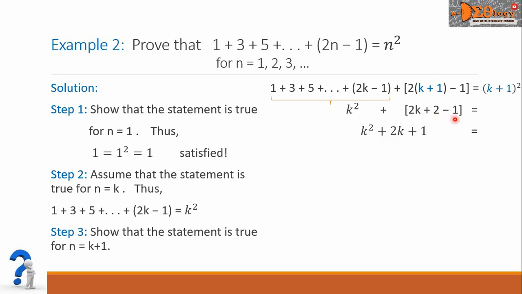The 2 minus 1 is simply plus 1. If we factor this trinomial, this is of the form k plus 1 quantity squared. We're able to show that this left side is equal to our right side value. So we are done. We're able to prove that this theorem statement is true. This is our final answer.